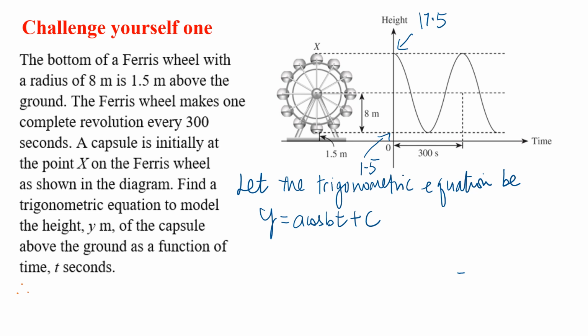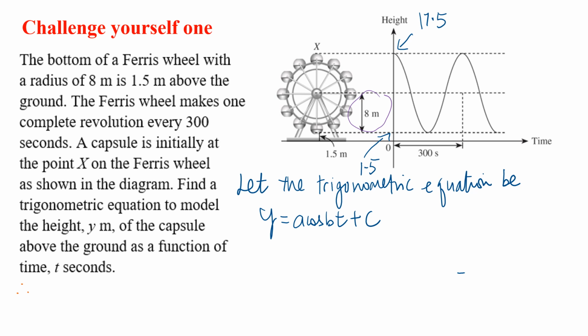All right, so from the curve it is quite clear that the amplitude is 8 meter, right? And this is an upright cosine curve, so a is just 8. One cycle, what is one cycle?